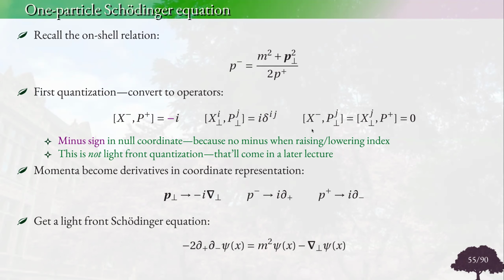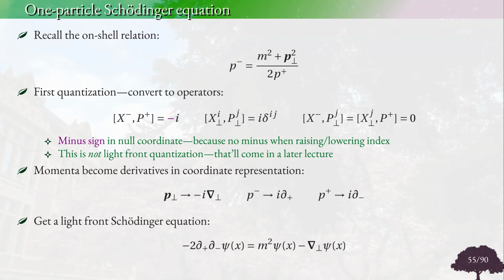So our operators need to obey canonical commutation relations. For the transverse components, you have a standard looking thing. Commutator of xi and pj should be I times delta ij. For the commutator of x minus with p plus, that's actually minus I instead of plus I. The reason for this is basically that there's no minus sign when you raise or lower indices.